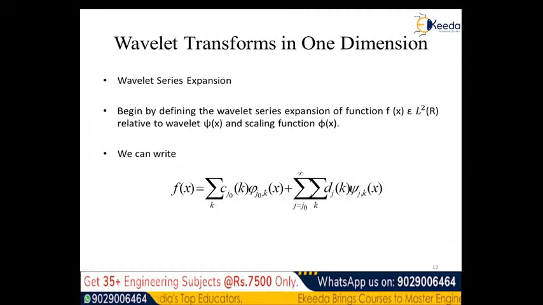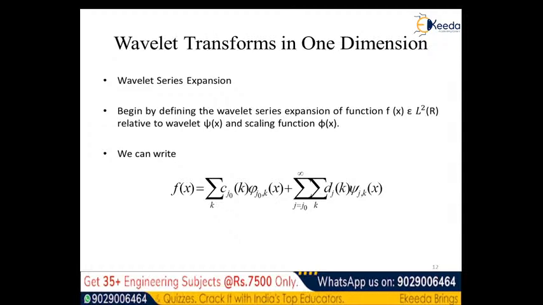For the first summation, the index variable j ranges from j0 to infinity. The second summation, as in the earlier term, is over the index variable k, operating over the product of d of k with suffix j, multiplied by psi of x with suffix j comma k. This is the simplest representation of the wavelet series expansion.